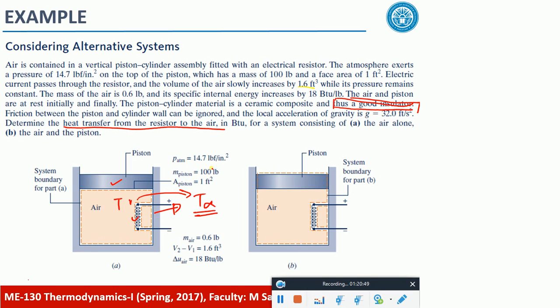So you can say that the energy content is composed of two parts: energy from the air and energy from the piston. This is the total energy of the system, energy of the air and energy of the piston.